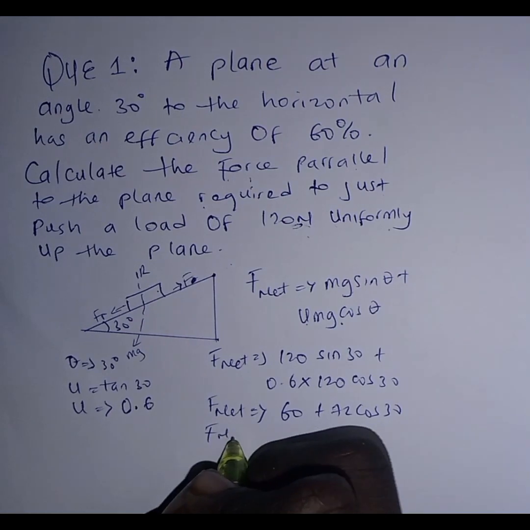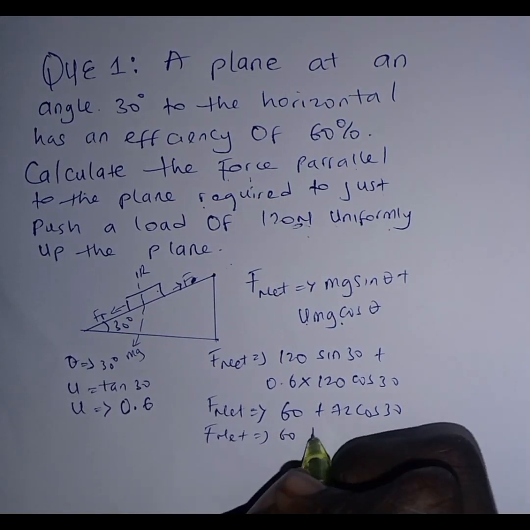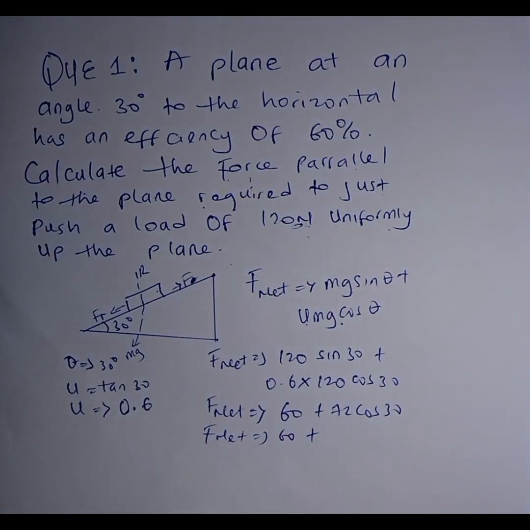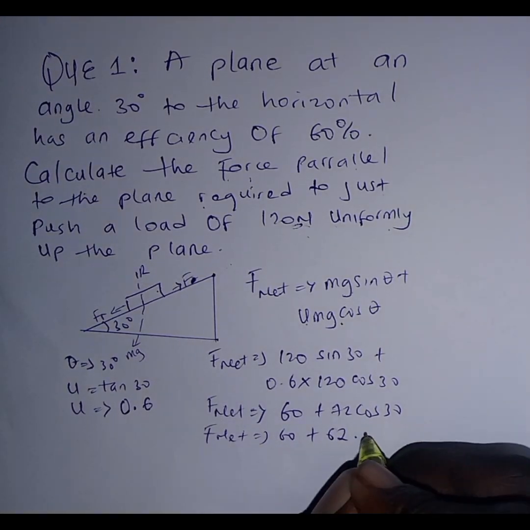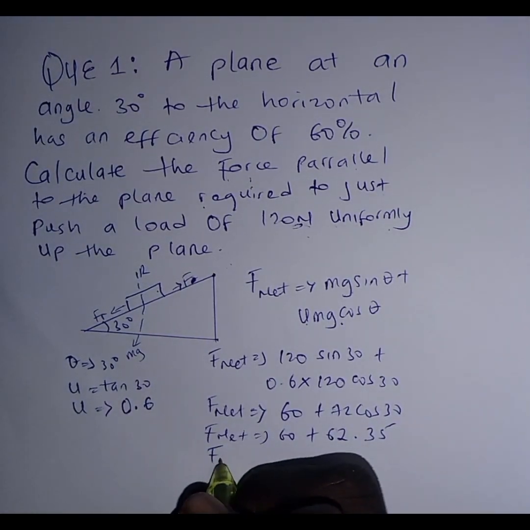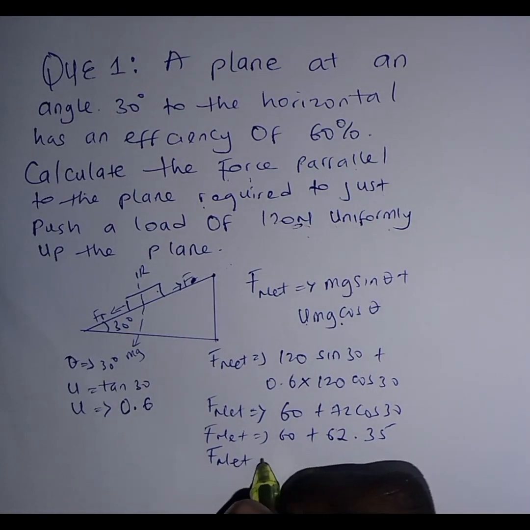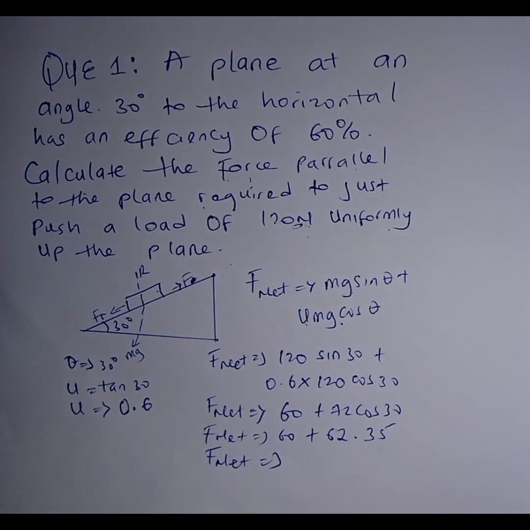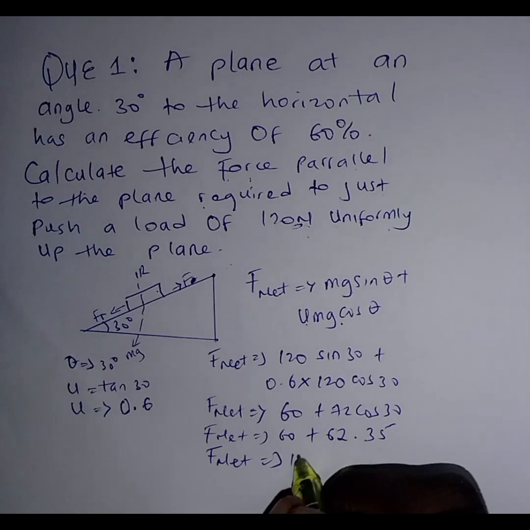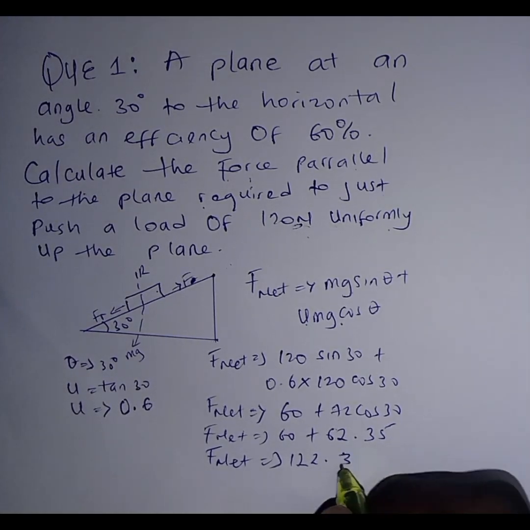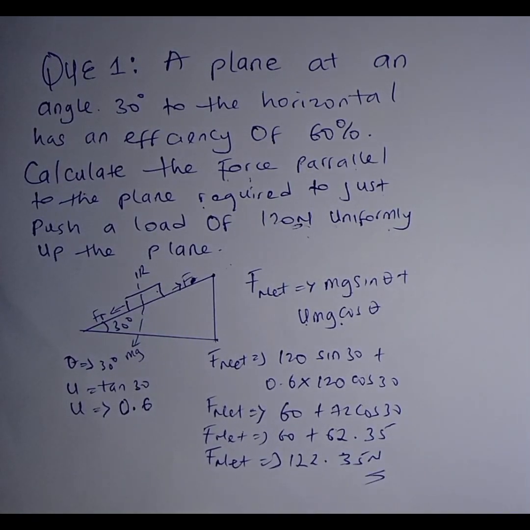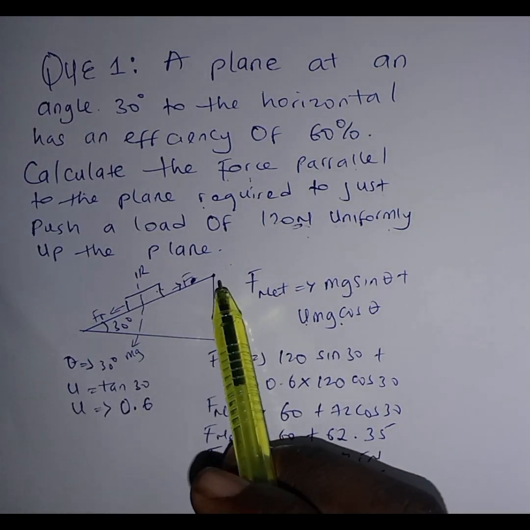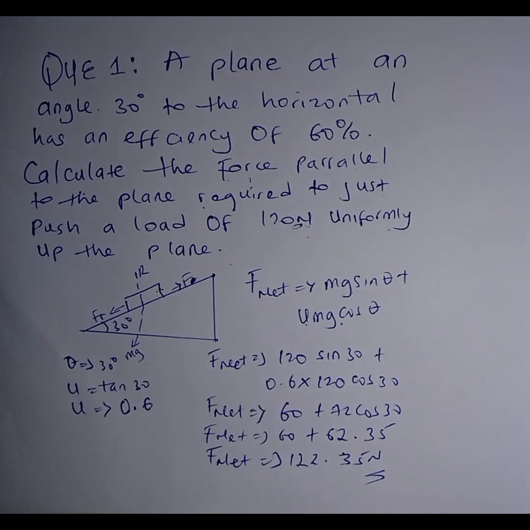So my F net will be 60 plus 72 cos 30. 72 cos 30 is 62.35. So adding the two together, my F net is 122.35 Newton. So this is the force that is required to keep pushing the load upward on the inclined plane.